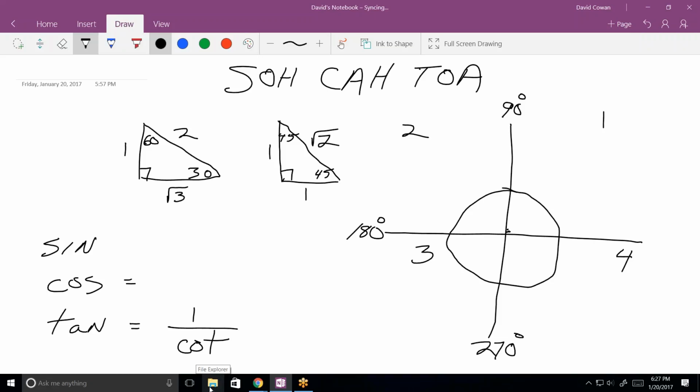Now, there's only 2 others, secant and cosecant. So we have to figure out which one goes with sine, which one goes with cosine. Cosecant goes with sine, correct? Yeah, and notice the first letters are S and C, C and S. In other words, secant's never going to go with sine because I would have S and S.